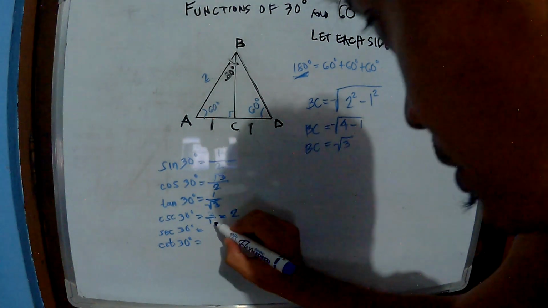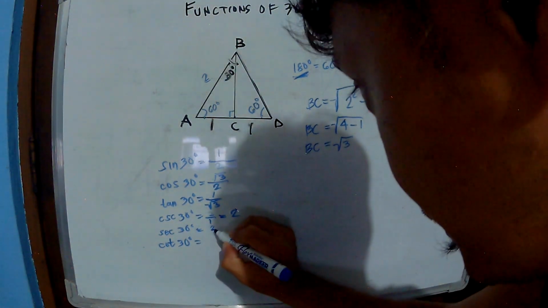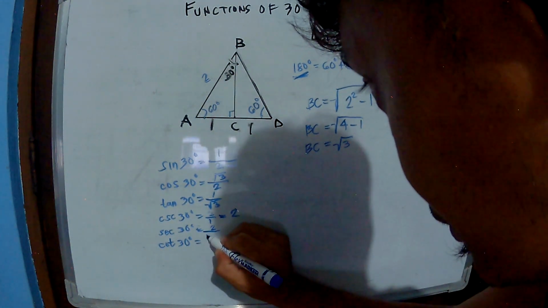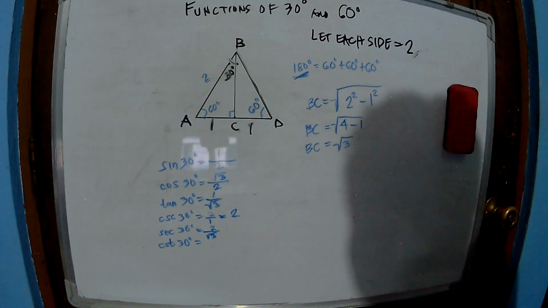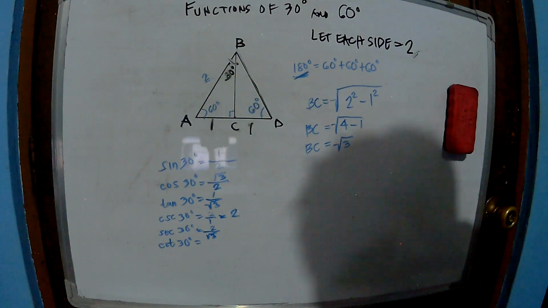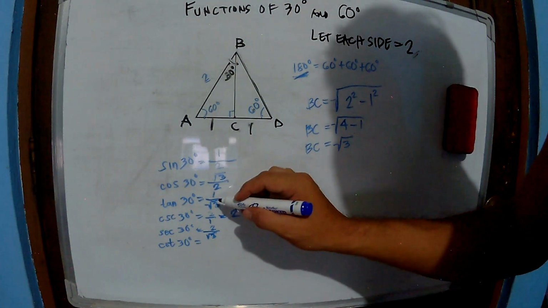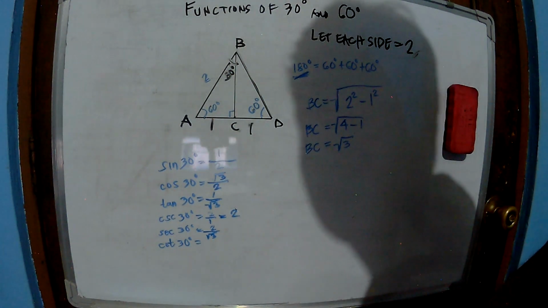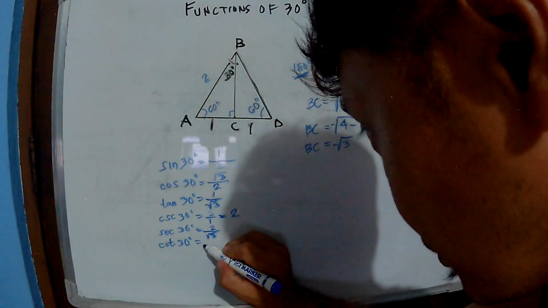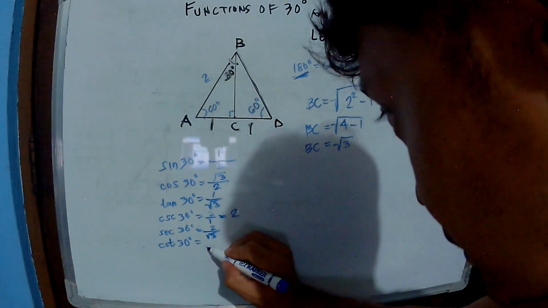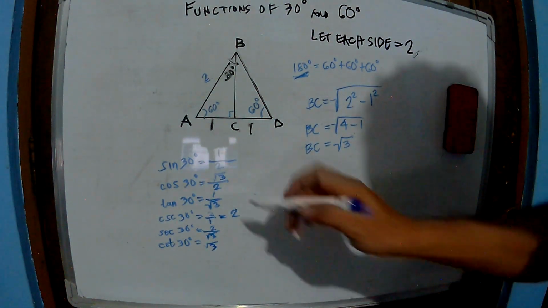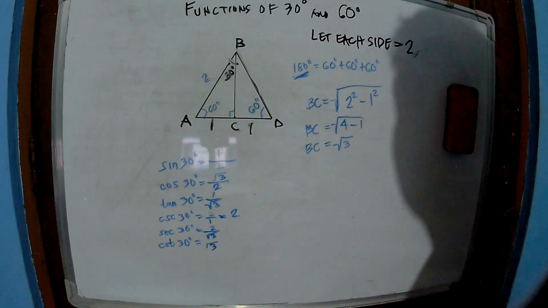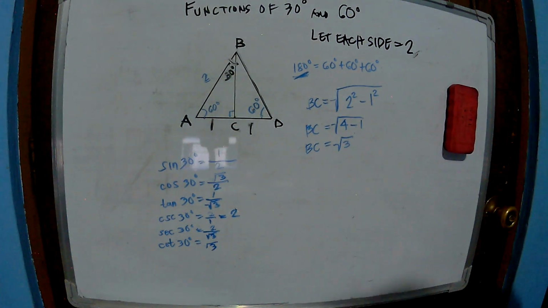That will be 2 over square root of 3. Okay, so for cotangent, that is square root of 3 over 1 or simply square root of 3 because that is the reciprocal of tangent.